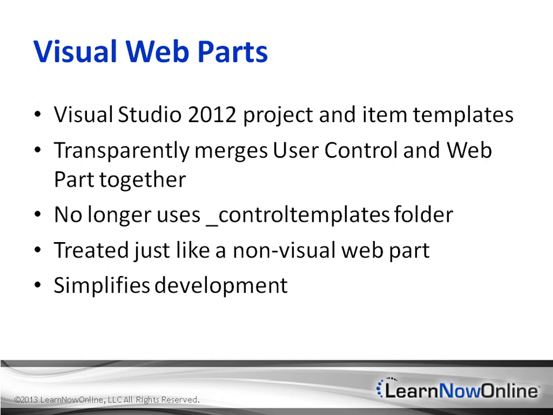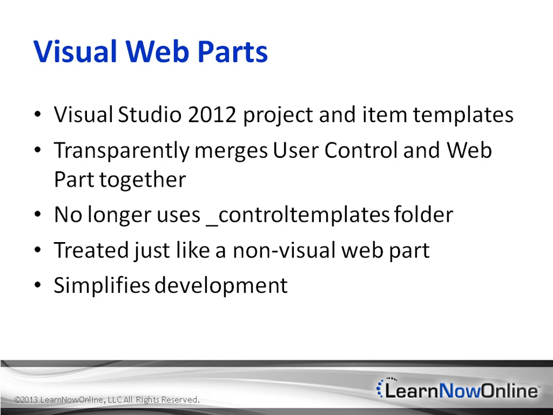When I say that, I mean before, in Visual Studio 2010, it was still pretty good. With the visual web part item template, you could create your web part, and then you'd have your user control.